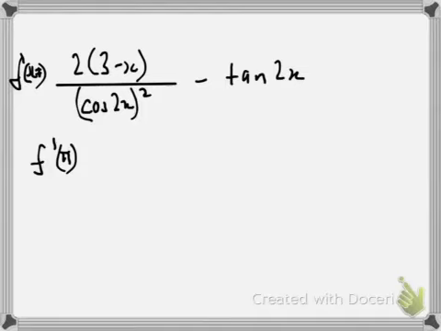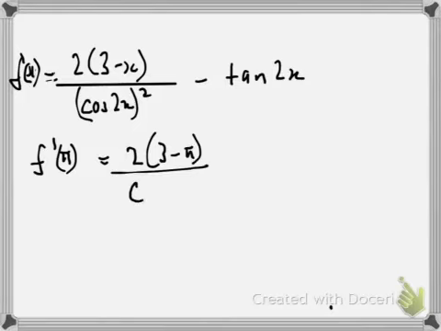Okay, tidy that up a bit. There we go. So to find f dash pi, we have to substitute pi into our equation where we've got x. So it's 2 outside of 3 minus pi over cos 2 pi squared minus tan 2 pi.